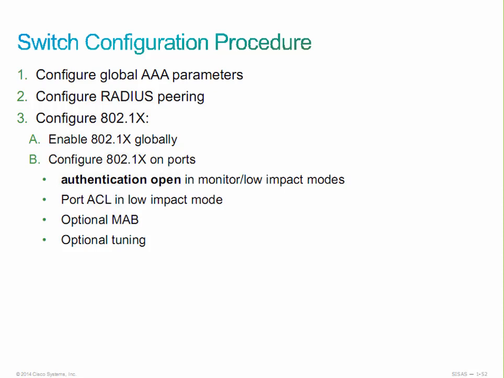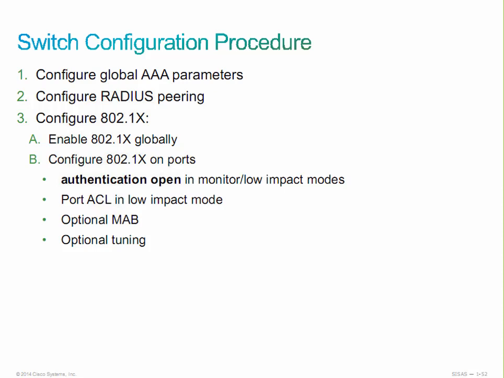All right. So we have a couple of options in that regard. We can enable .1x globally, or, well, there are some global configurations that need to be applied regardless, but then we can also apply some specific 802.1x interface-specific components as well.